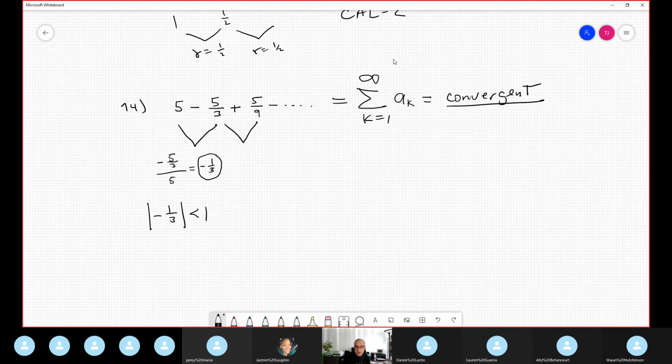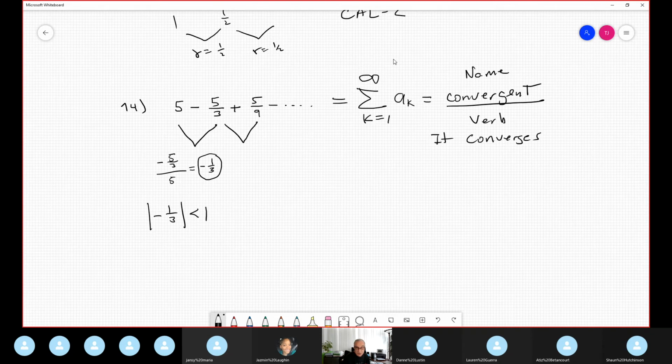Convergent is the name to classify this idea, and the verb, the action, is converge. So it is convergent. It converges. Converges to what value?